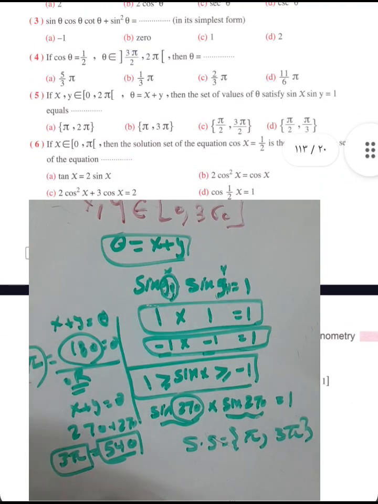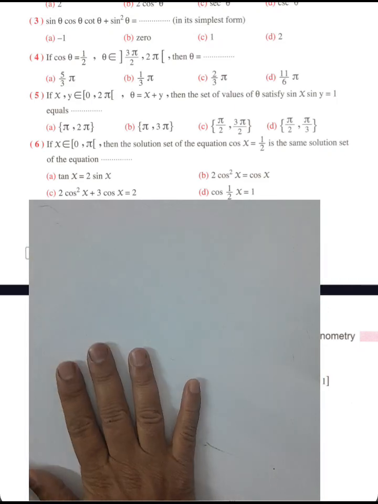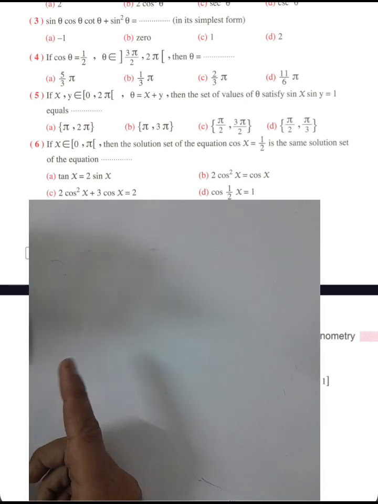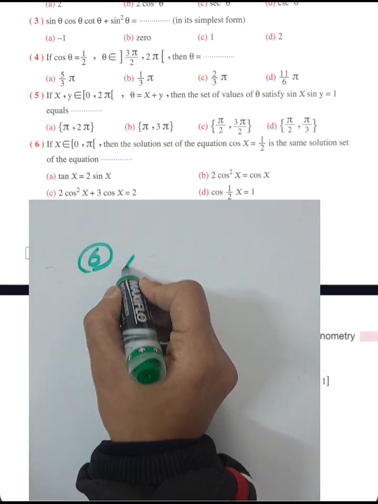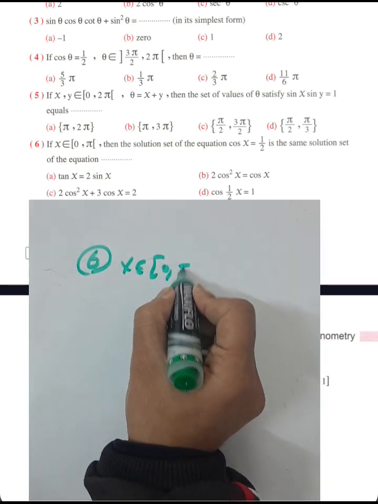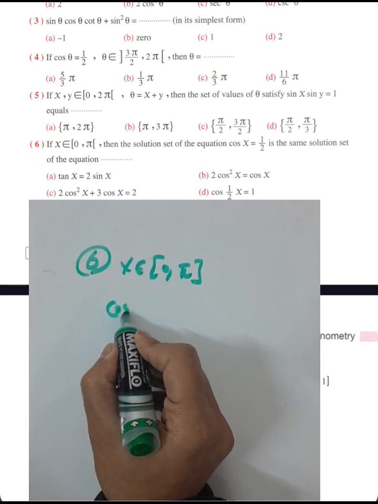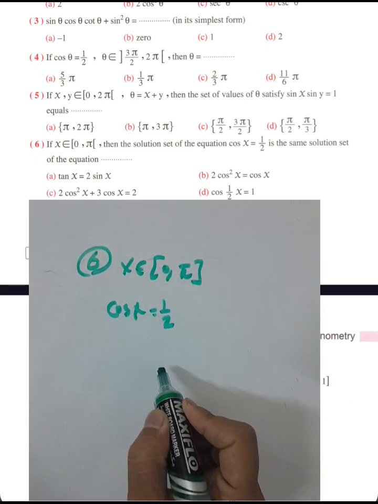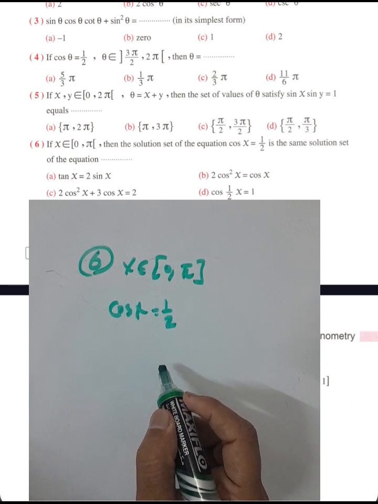Question number 6. If x belongs to the closed interval from 0 to pi, then the solution set of the equation cosine x equals half is the same solution set of which equation?